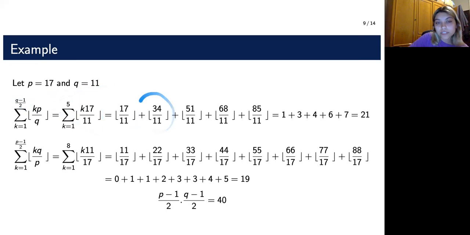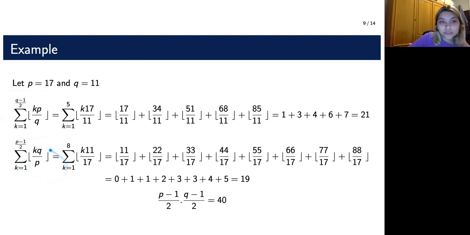So we have this summation. For example, the integer part of 17 over 11 is of course going to be 1, and the integer part of 34 over 11 is going to be 3. Continuing the same way, we are going to have 21.